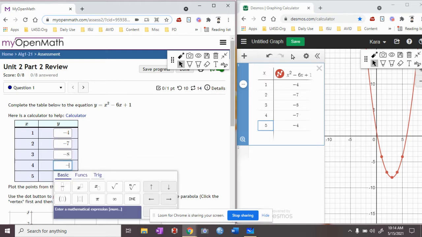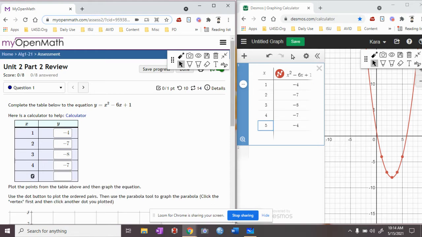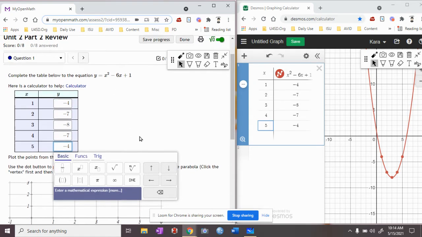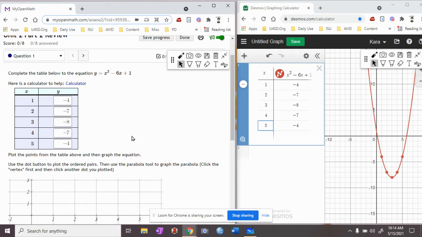And then we start to reverse, because remember, with our parabola, we reach that low point. So we start here at 1, 2, 3, 4, 5. It starts to reverse back up because of the shape of our parabola. Okay, so that's my table of values.